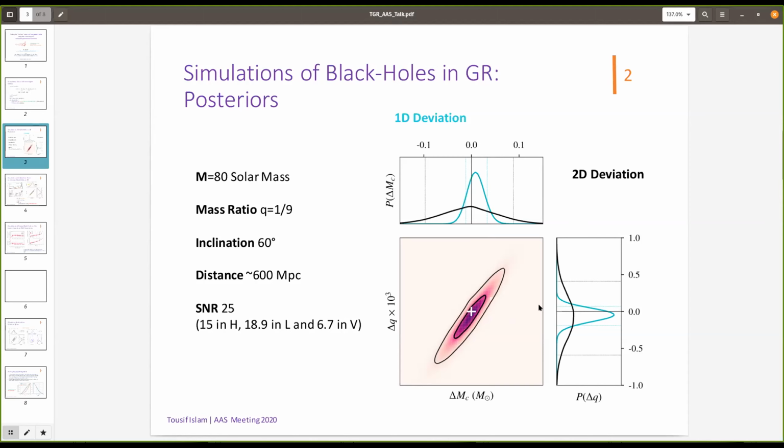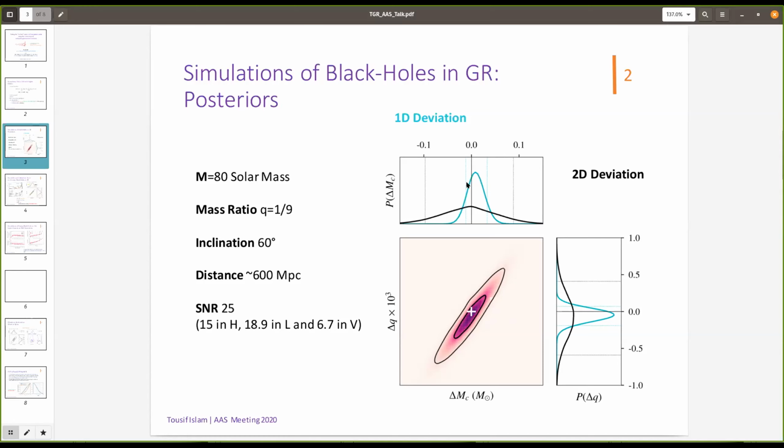Now what we show in the right figure is that in the middle panel, we have the 90% and 50% credible interval shown here, and the GR expectation, which is del MC 0, del Q 0, that's shown as a plus sign here. Now, as you can see, this is a GR signal. So the test should be able to say that the signal is GR, which it's able to do because the GR expectation is within the 90% contour.